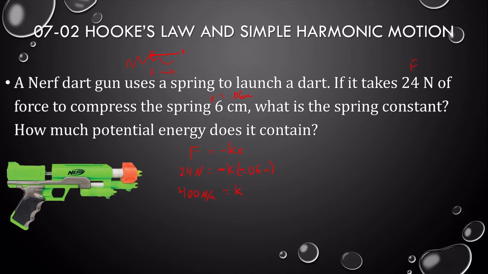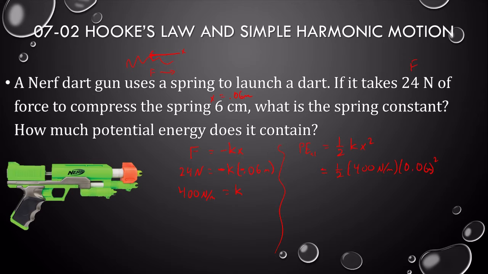Now, how much potential energy does the spring contain? Well, our potential energy for a spring, or elastic potential energy, is 1/2 kx squared. Our k is 400 newtons per meter, and our x is 0.06 meters.